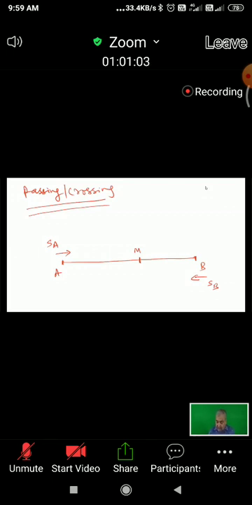After meeting, the train from A takes TA time to reach B, and after meeting, the train from B takes TB time to reach A. I repeat again, two trains started from A and B towards one another.